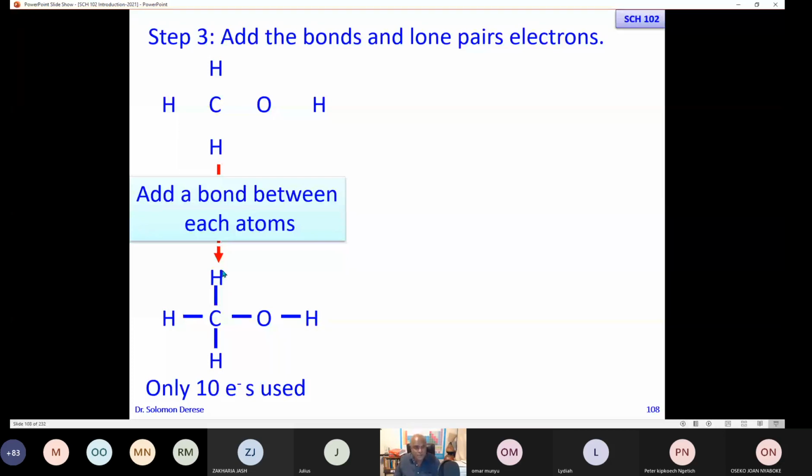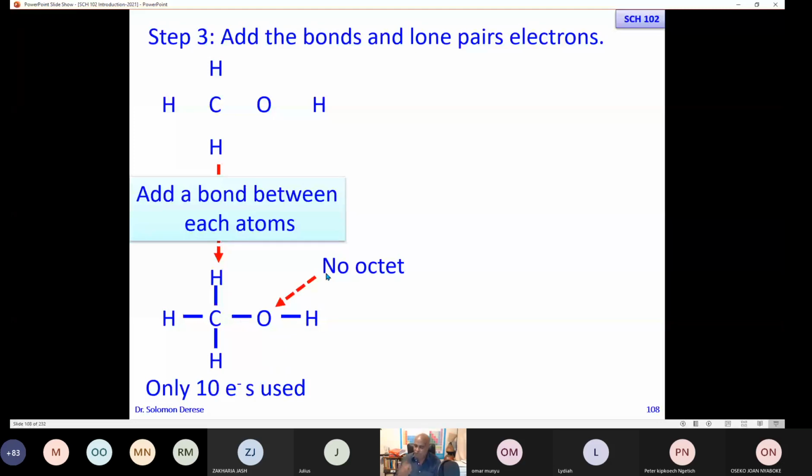When you look at this molecule, the hydrogens have formed one bond. As a result, we have 2 electrons on each hydrogen. The duet rule is followed. The carbon has 4 bonds, so it has an octet of electrons. But the oxygen has formed only 2 bonds, with no additional electrons on the oxygen. As a result of these 2 bonds, the oxygen only has 4 electrons. It does not have an octet of electrons.